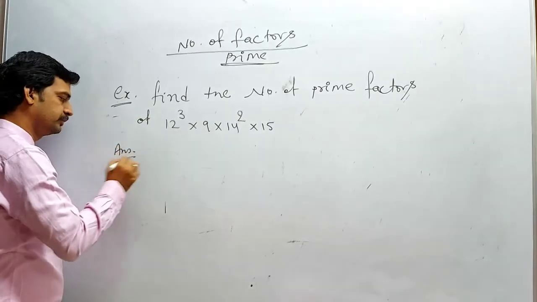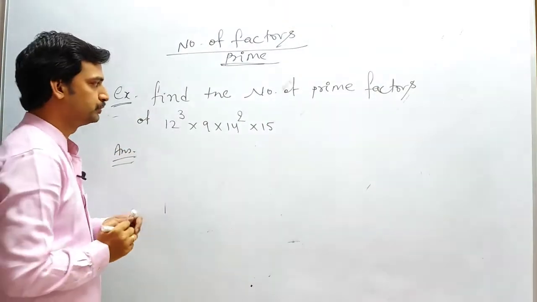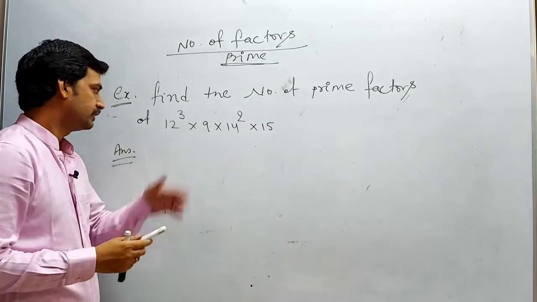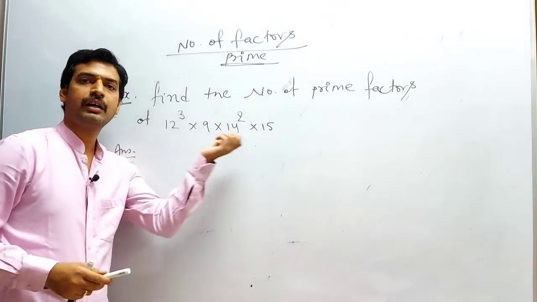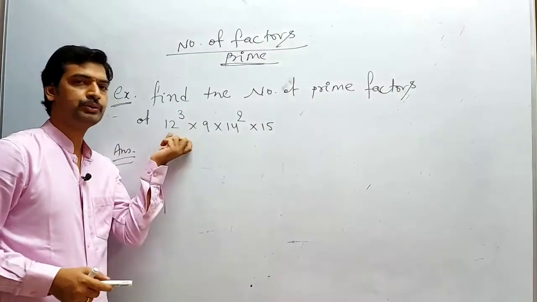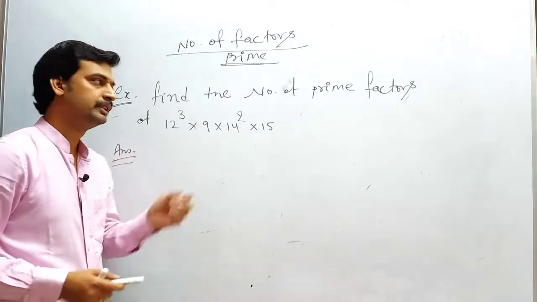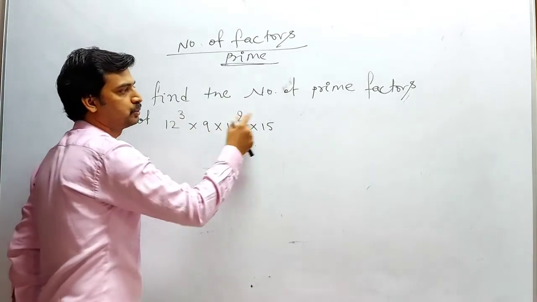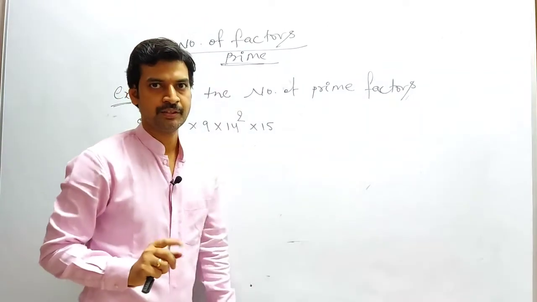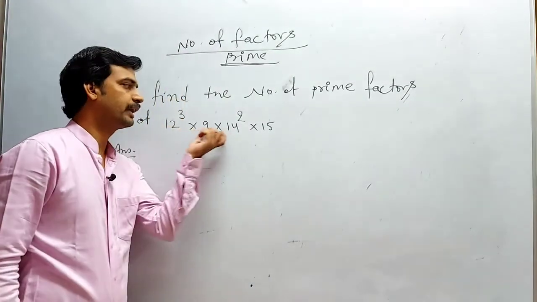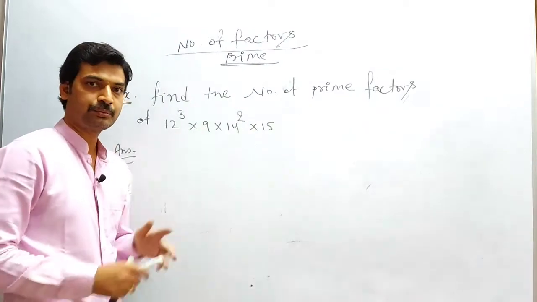For the answer, you cannot just add the powers because the bases of these numbers are not prime. First of all, you need to convert the bases into primes. If you just did 3 plus 1 plus 2 plus 1, that would be wrong. So you just need to convert these bases into prime numbers.